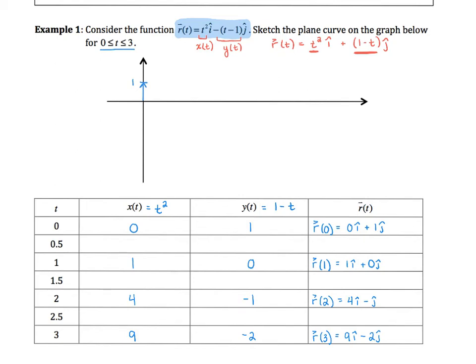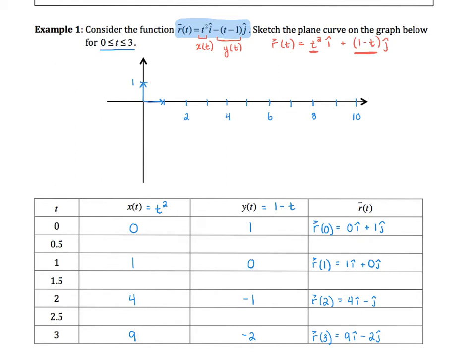And then r of 1 is 1 in the horizontal direction and none in the vertical. So let's scale this, and we'll just put in a few numbers to give us some sense of scale. So r of 1 will simply be the horizontal unit vector.